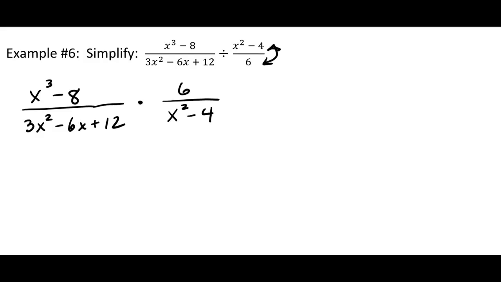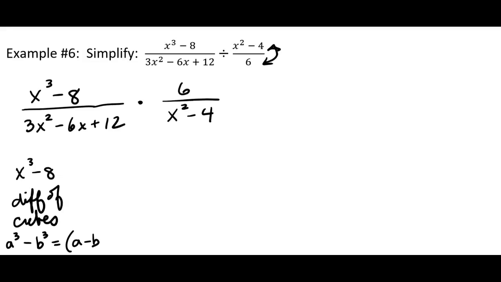Okay, this is a good problem because it brings in some new things. So I'm going to go ahead and factor this numerator, the x cubed minus 8. That is the difference of cubes. So you have to go back to your factoring maybe and look up that formula, but it says if you have a cubed minus b cubed, it factors into a minus b times a squared plus ab.